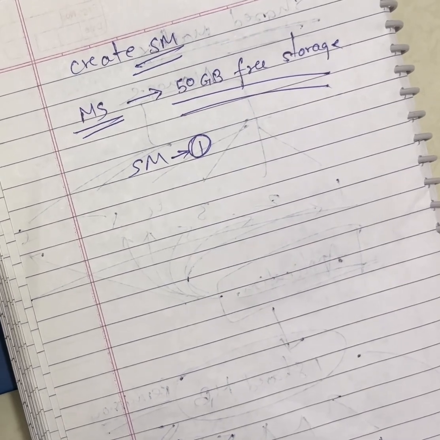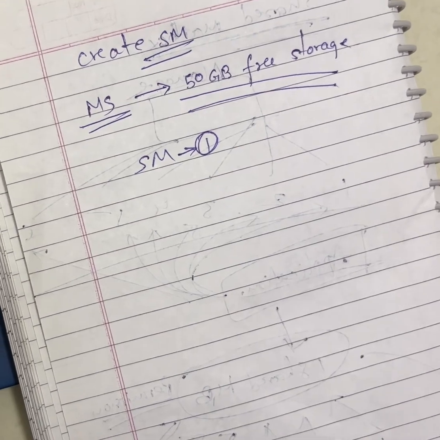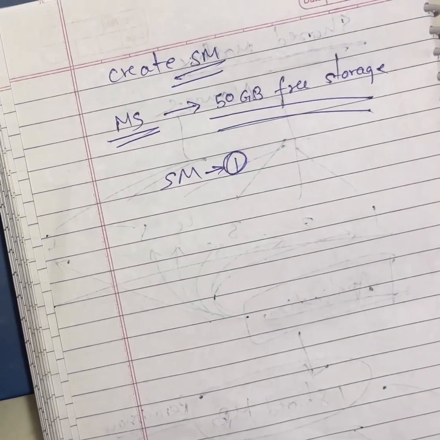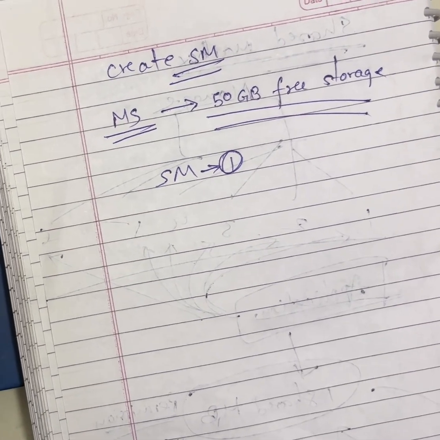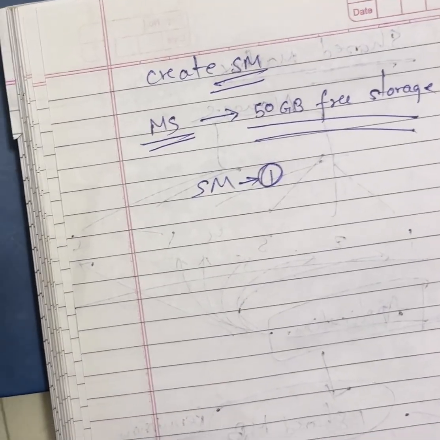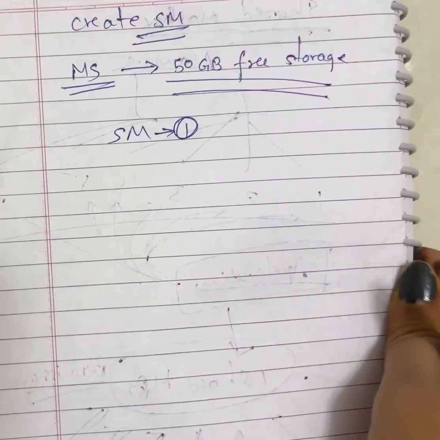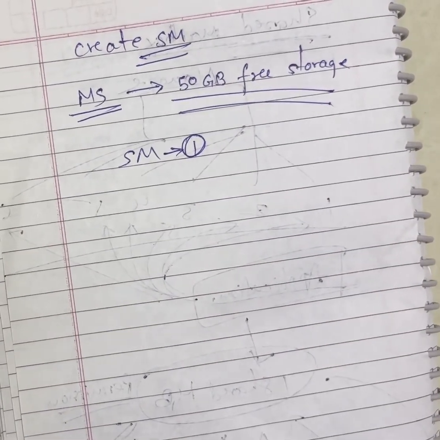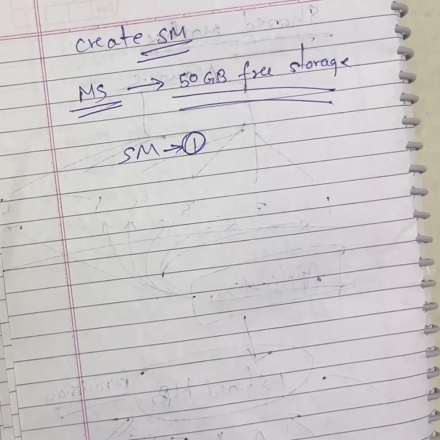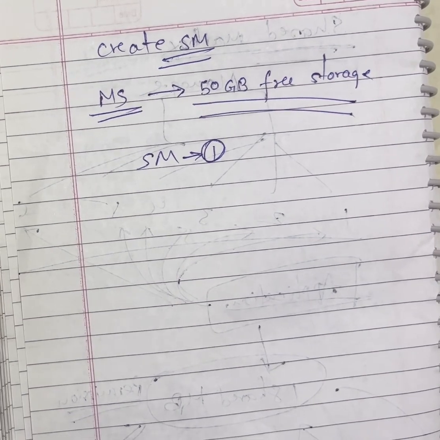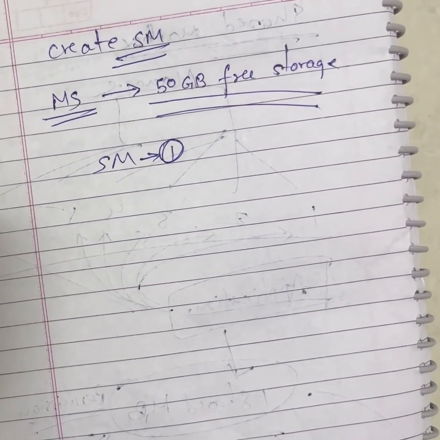Then as an admin, what do you think the solution would be? This is my question. I need you guys to provide me some answers in the comment box, or whichever way you can connect with me. I'll give you that answer in the next video. My question is, what if my shared mailbox reaches 50 GB?